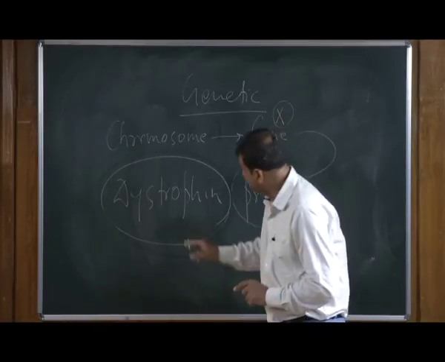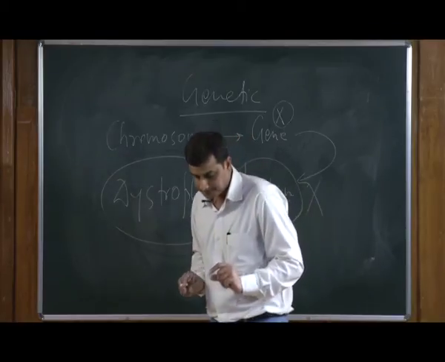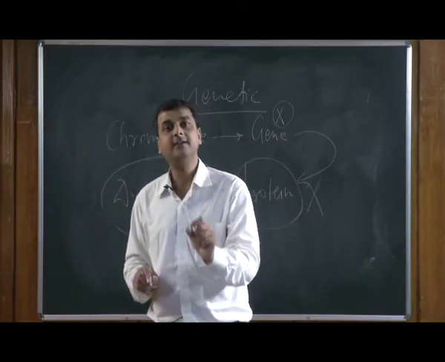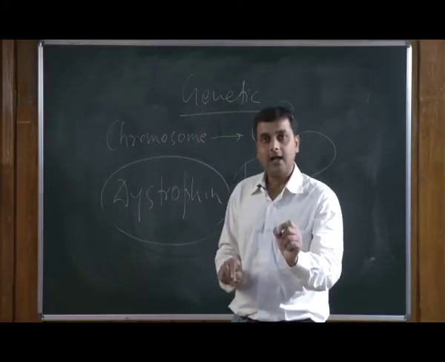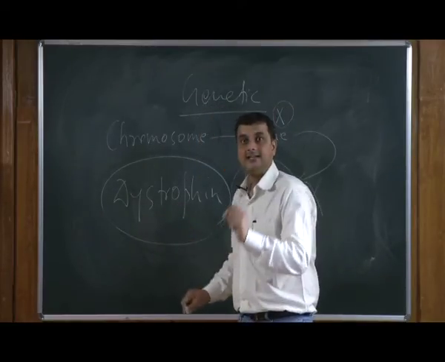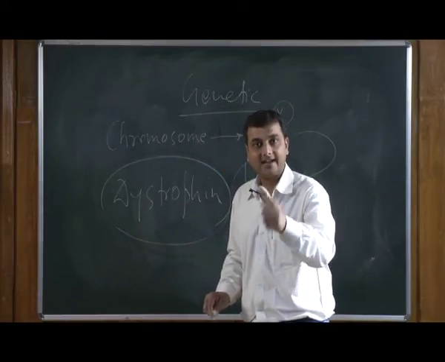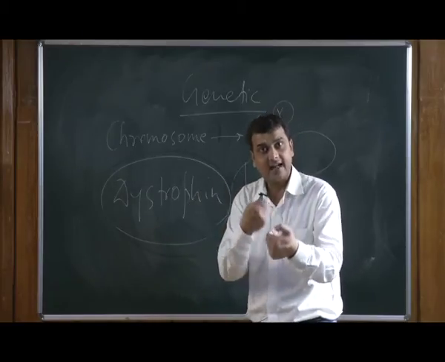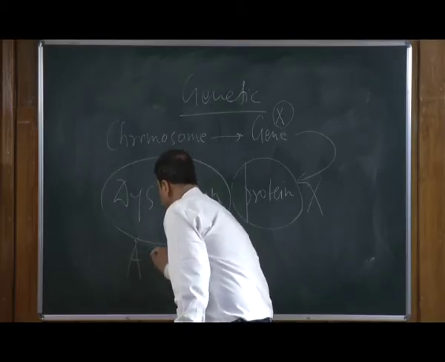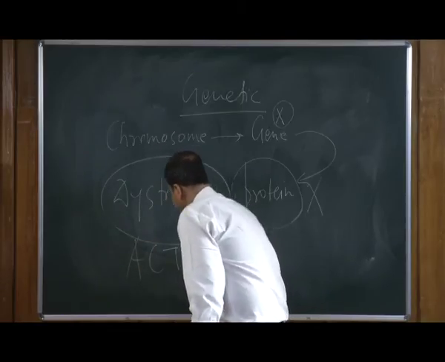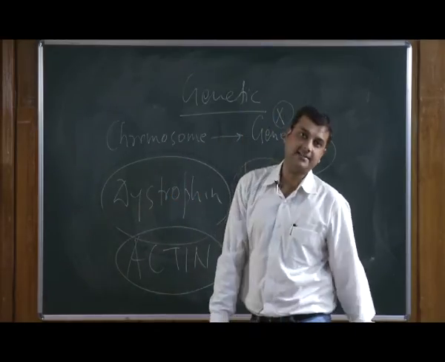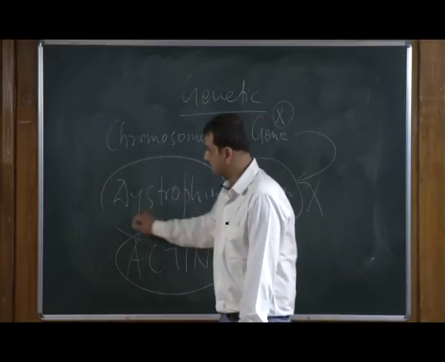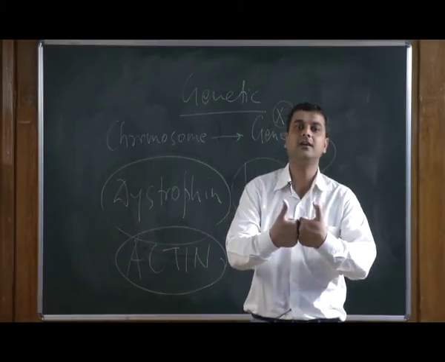Now, why is this dystrophin important? This dystrophin is very important because it is attaching or interacting with a protein which we have discussed a lot, and that is actin. So, actin and dystrophin have a very close relationship.